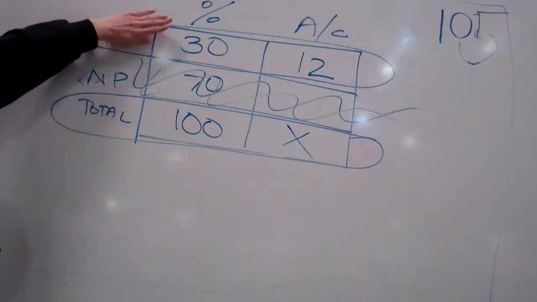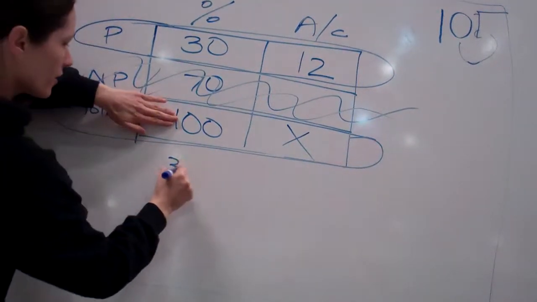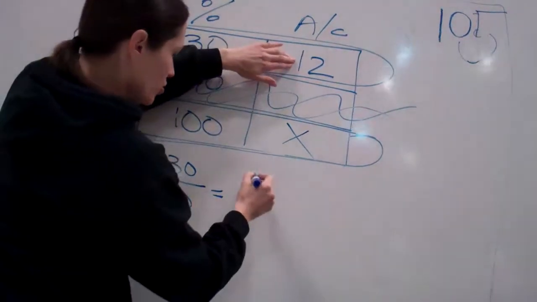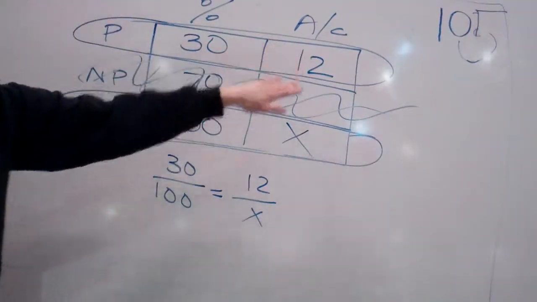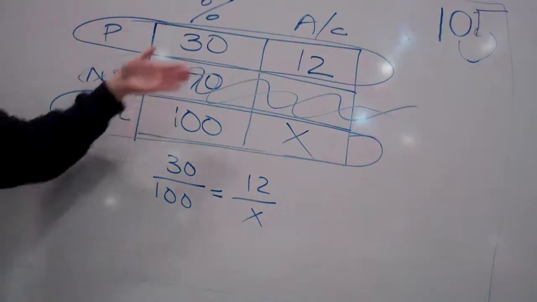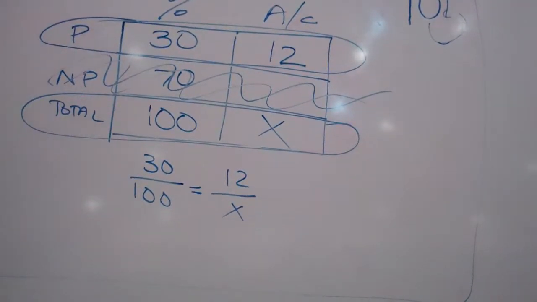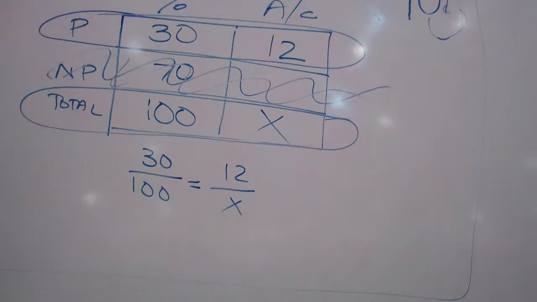So what you're going to do is go 30 over 100 equals 12 over X. Does everybody see how we did that? This over this, this over this. Should we reduce that first? You could, but it doesn't matter.